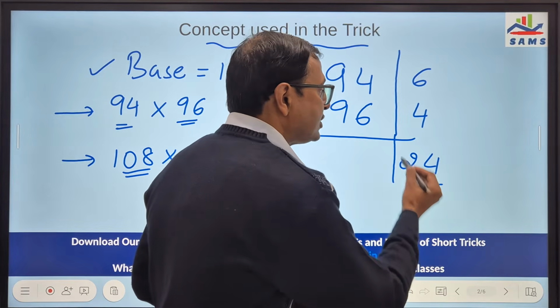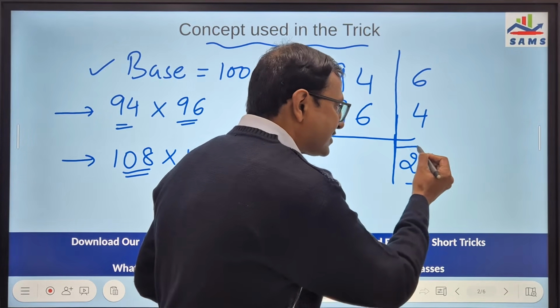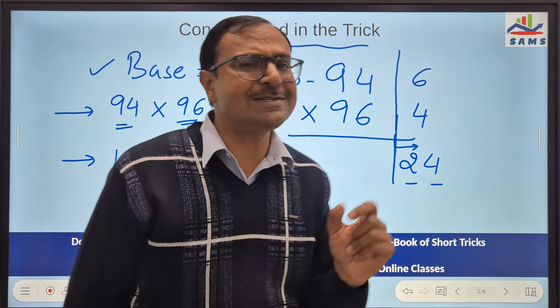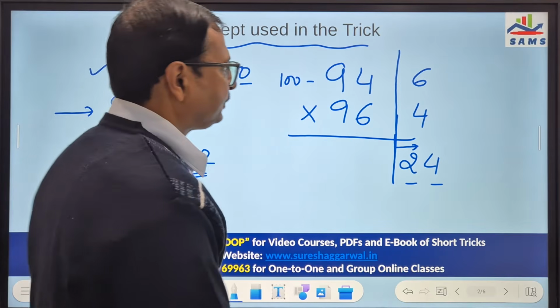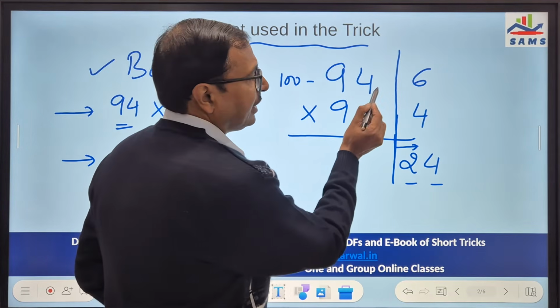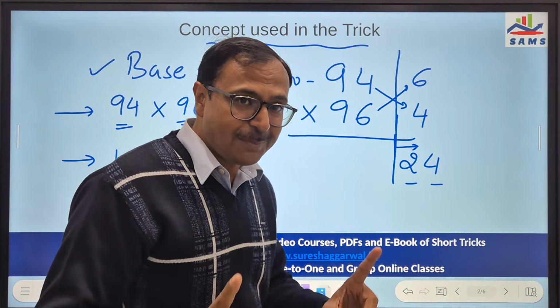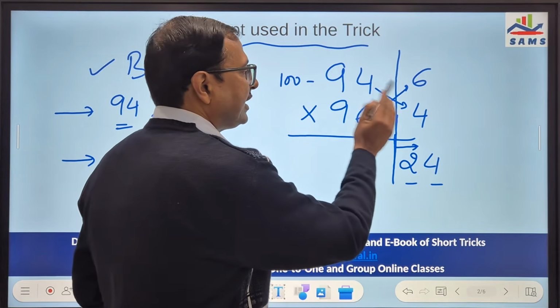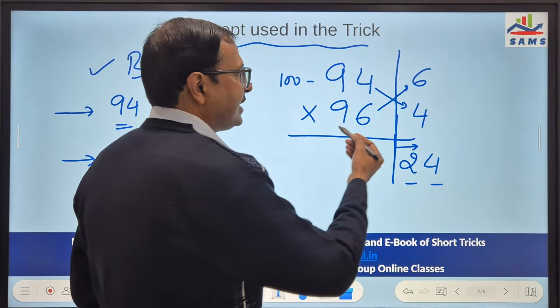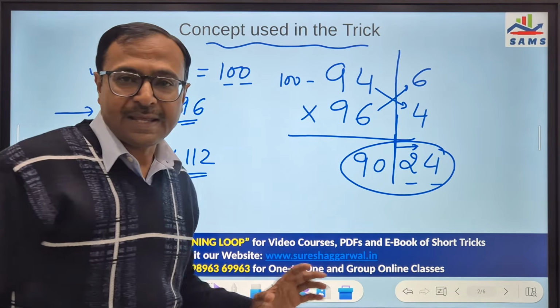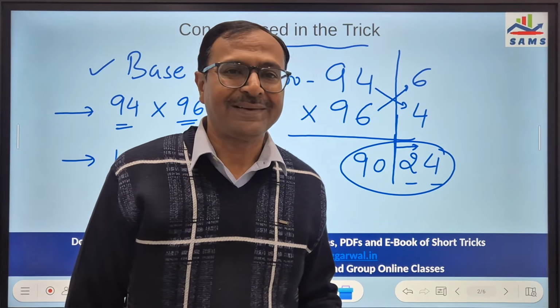Because I need two digits on the right side of this line, because the base contains two zeros. Now this is the important concept. Now the other part, either subtract like this or subtract like this, you will get the same quantity. 94 minus 4 is 90, 96 minus 6 is again 90, and so the answer is 9024, right?